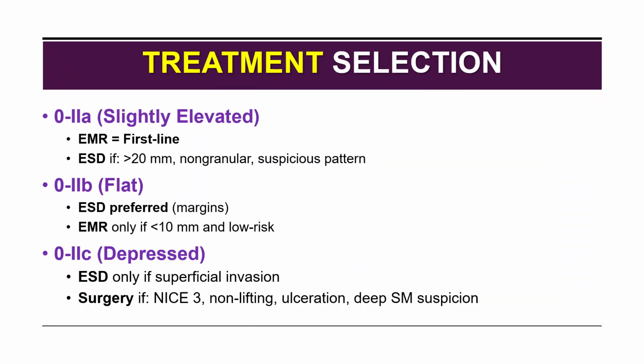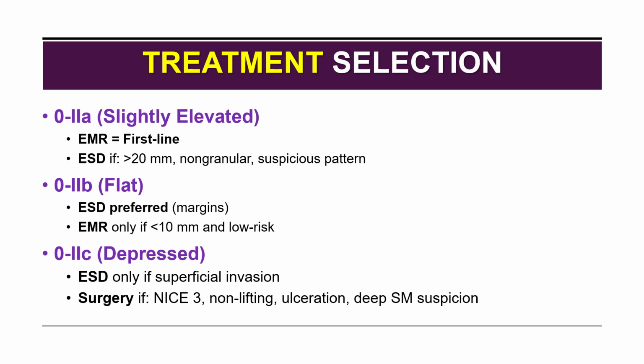If it is type 2A, EMR is the first choice, but you can shift to ESD if the lesion is more than 2 centimeter and non-granular or suspected pattern. For 2B, the best is ESD, but you have to identify the margin and you have to make a sign for the margin by APC before you start cutting, because once you start cutting, you will lose your plan.